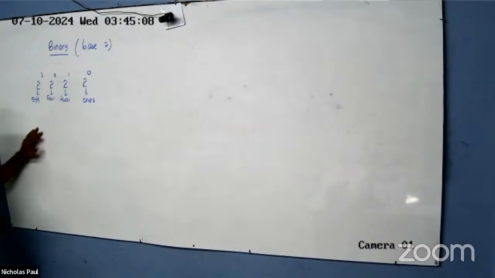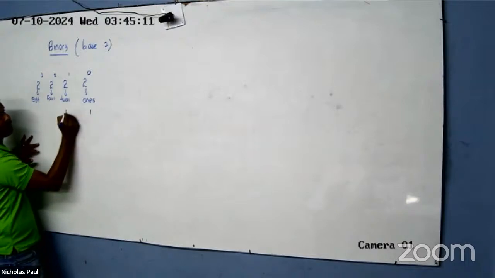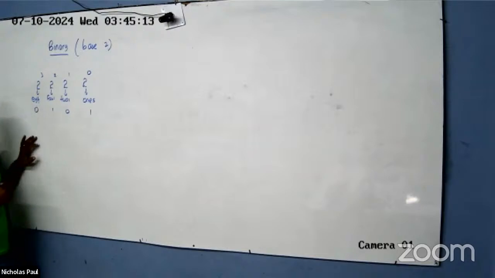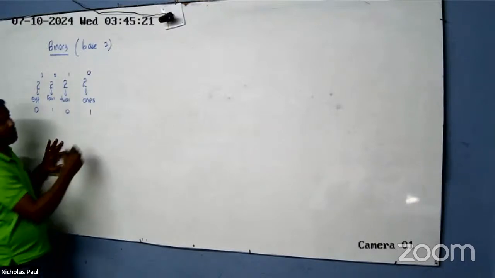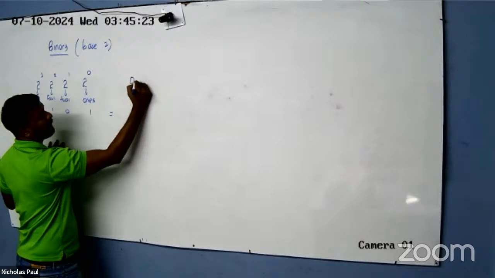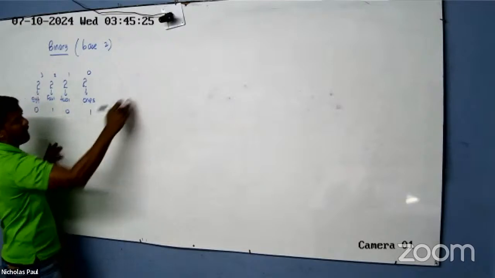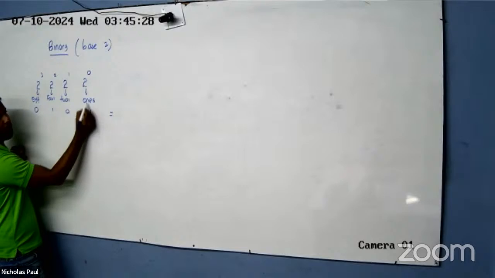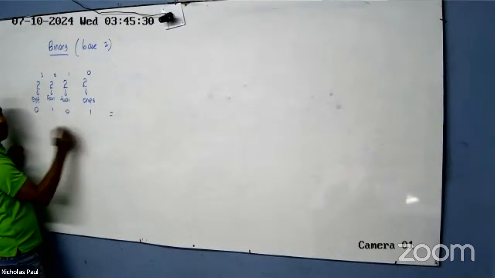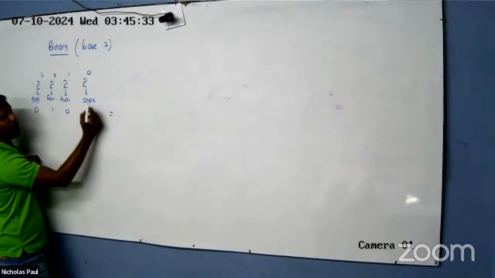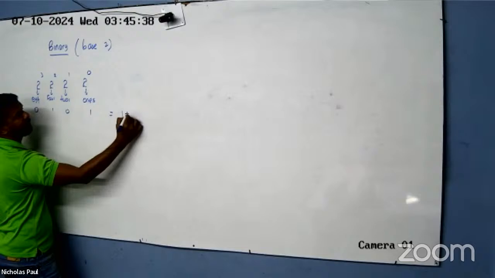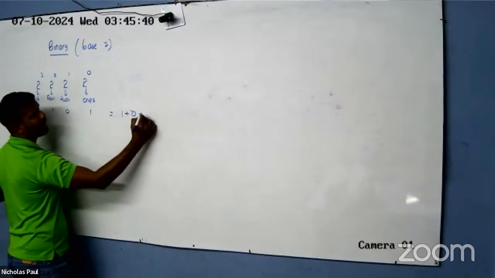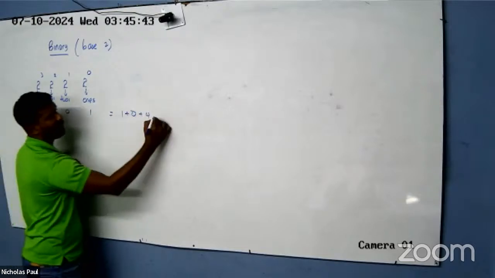For example, suppose I gave it something like this. This is a binary number, and this binary number has a decimal equivalent. The way you work it out is really easy: 1 by this, 0 by this, 1 by this, 0 by this, add it up. 1 by 1 is 1. 0 by 2 is 0. 1 by 4 is 4, and 0 by that is 0.